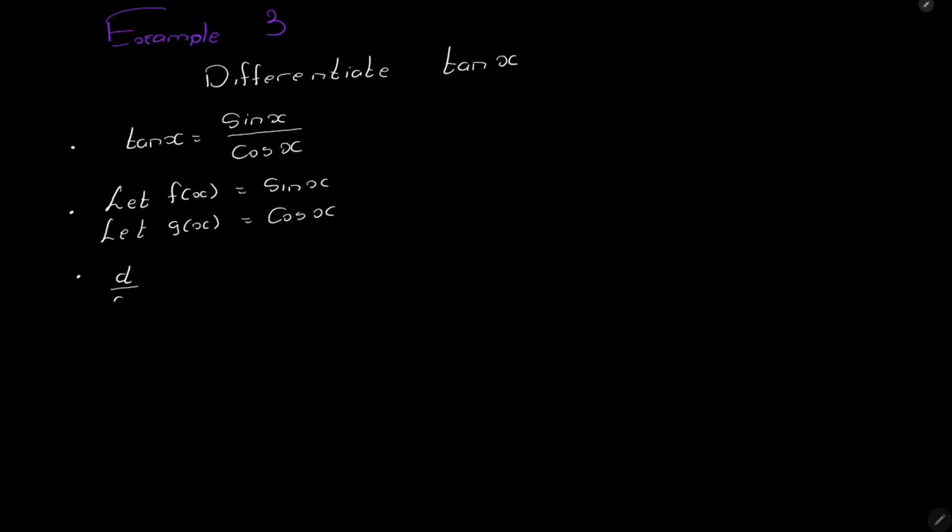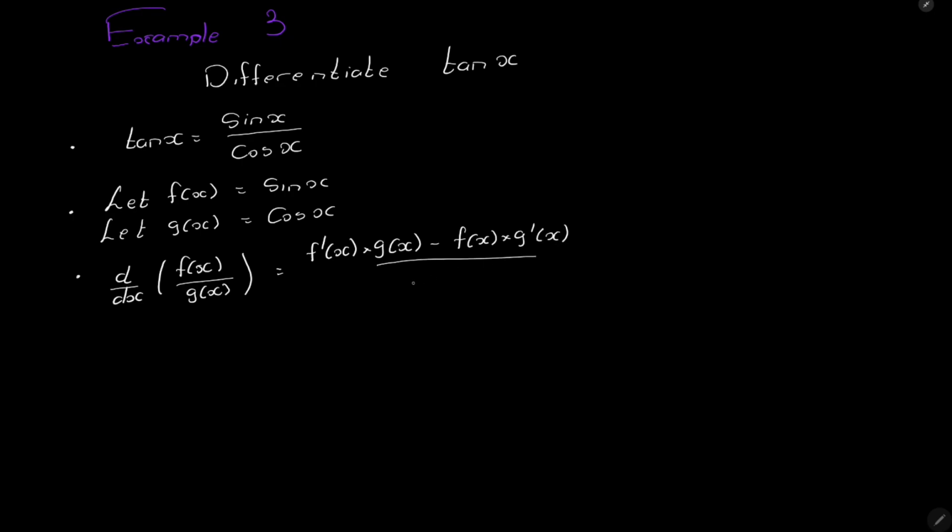The derivative with respect to x of f of x on g of x is bottom times derivative of top, that is f prime of x times the bottom, minus the top times the derivative of the bottom, all that divided by the square of the bottom.